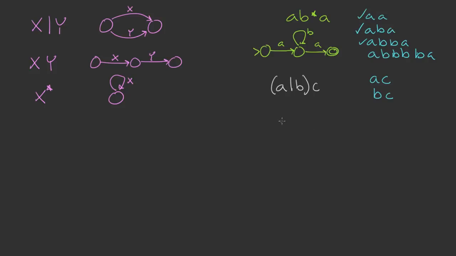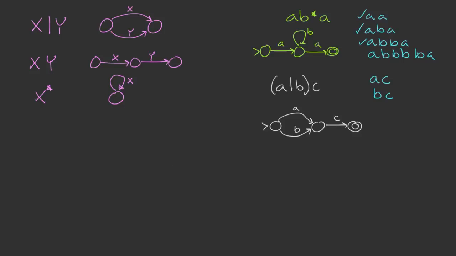Converting this, we do the A or B, which we can represent using our first rule: two states and two edges between them, one labeled A, one labeled B, and then a third accepting state with an edge labeled C. The one on the left is our starting state.